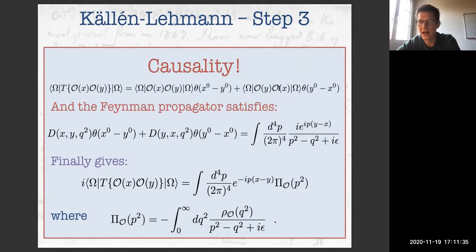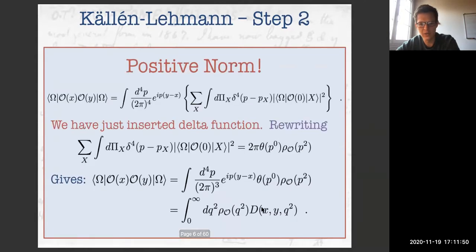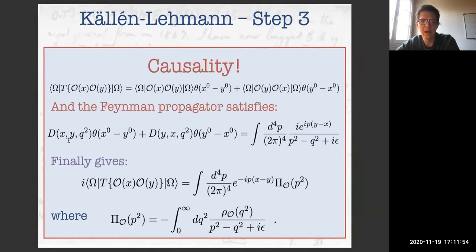We take this function and add the same function with the times swapped, with a theta function, so that if they're in the opposite order, the time-ordered correlation function has y and x swapped. Recalling that this function, when you add it with the Heaviside theta function to do this time-ordered version, is actually the Feynman propagator. This is the definition of the Feynman propagator.